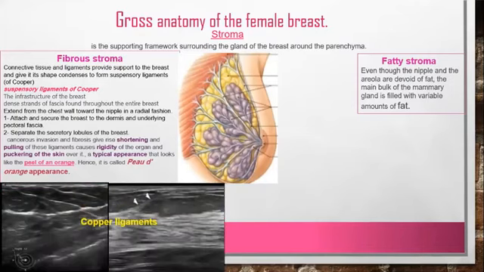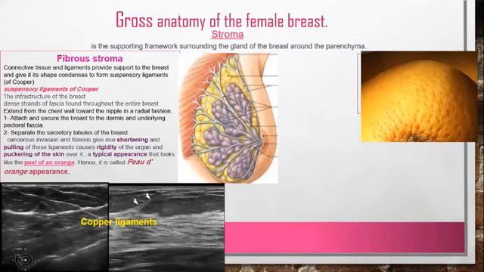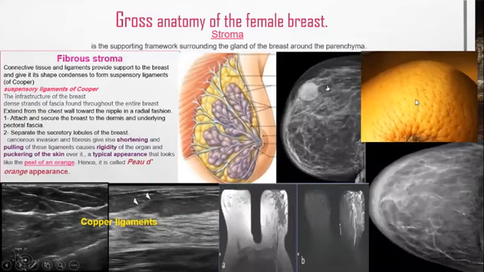As seen here, this is peau d'orange, and these are diffusely thickened Cooper ligaments. The Cooper ligaments, or connective tissue, are thickened due to breast edema on mammography as well as on this MRI. Look how it is thickened, okay?